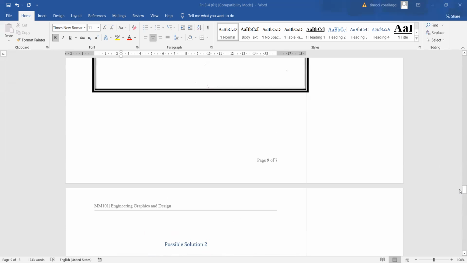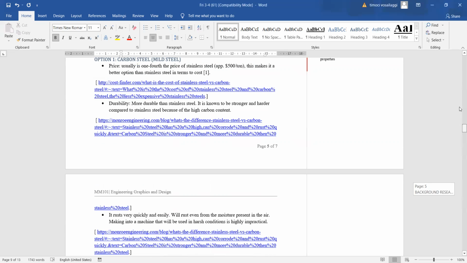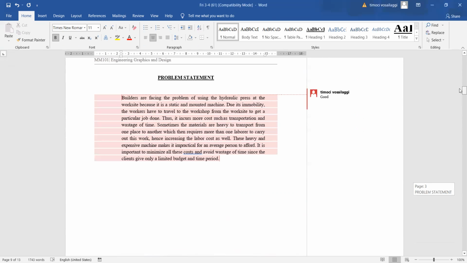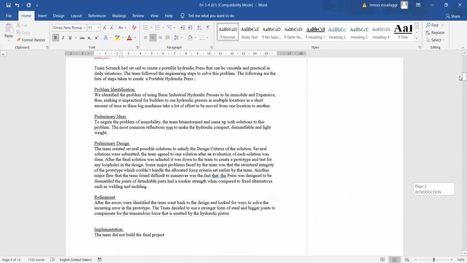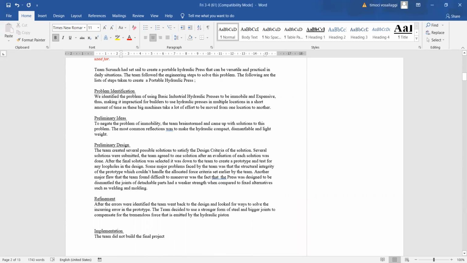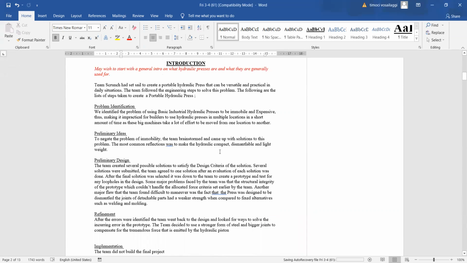So you may want to build that into your problem statement, that you're actually just designing the stand for the hydraulic press, instead of the whole hydraulic press, including the hydraulic cylinder and the ram and everything.